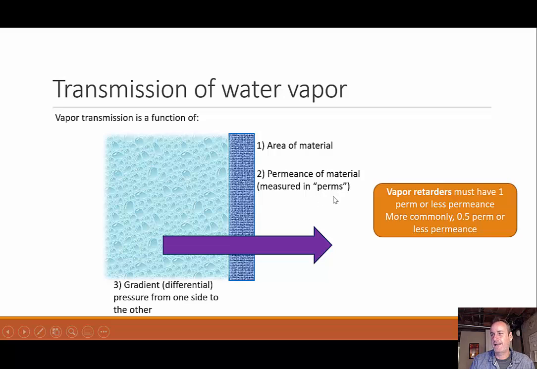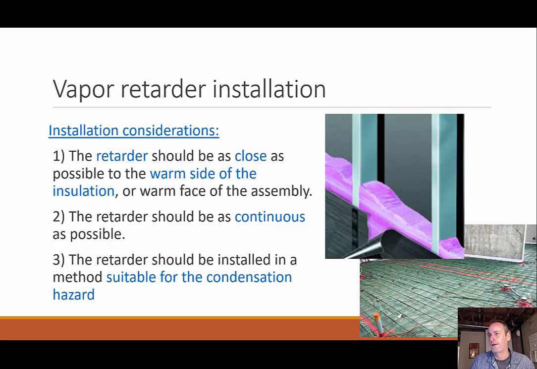That's what's measured in this idea of perms. So how easy is it for water particles to go through that material? Also, how much force is pushing it through the material? That's your gradient pressure, or differential pressure from one side to the other. Vapor retarders must have 1 perm or less permeance, but more commonly we're looking at 0.5 or less, right? So that gives you an idea of what kind of values you'd be looking at.